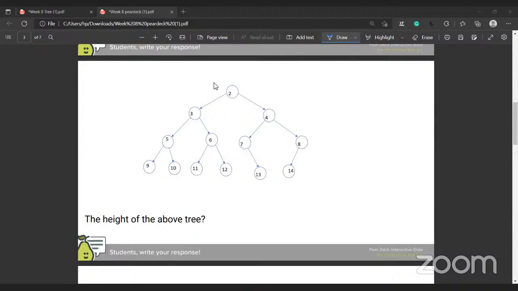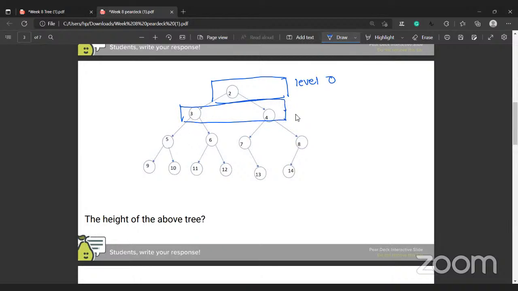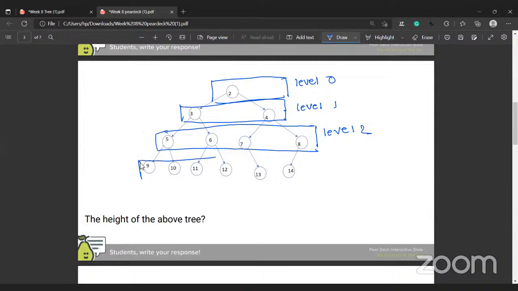Let's check. This is level 0, this is level 1, this is level 2, and this is level 3.